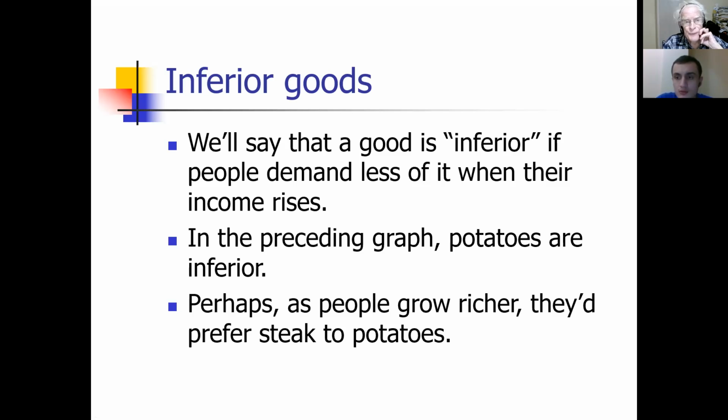The substitution effect is always in the opposite direction of the price change. If the price of meat goes up relative to the price of potatoes, then people will buy less meat and more potatoes.